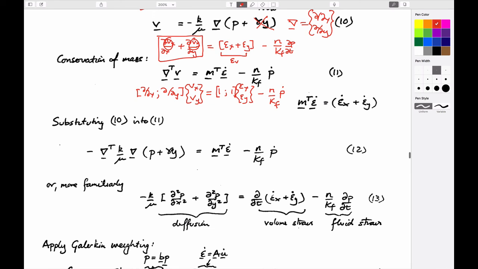This term, if we ignore this again, just becomes something like d2p dx squared plus d2p dy squared, all multiplied by permeability and viscosity. That's what this term is. And this is equal to these two individual terms, which I won't write out in longhand because we've just described it in excruciating detail maybe.